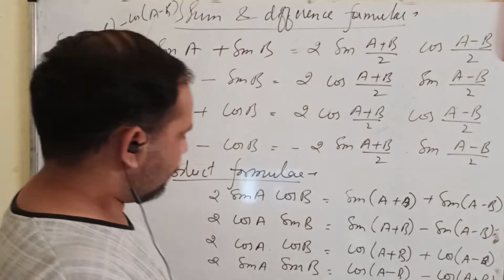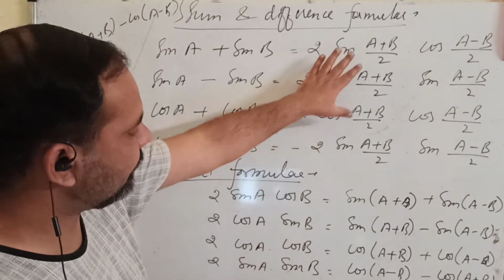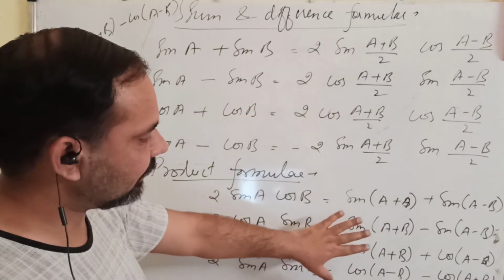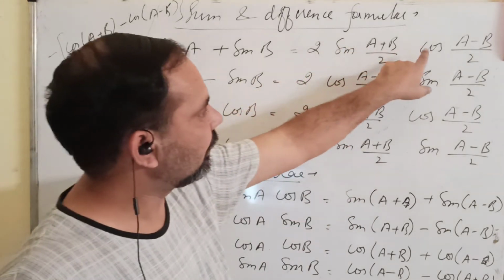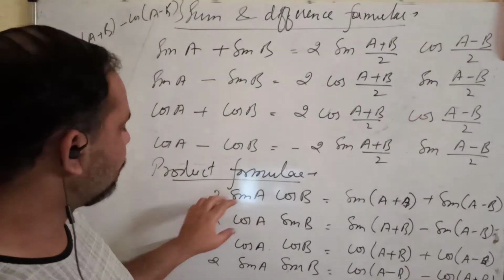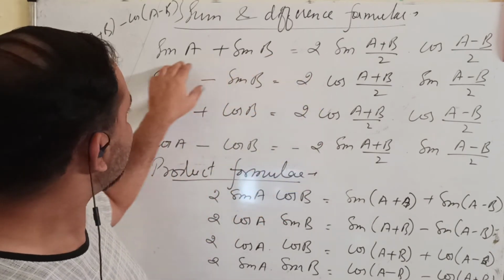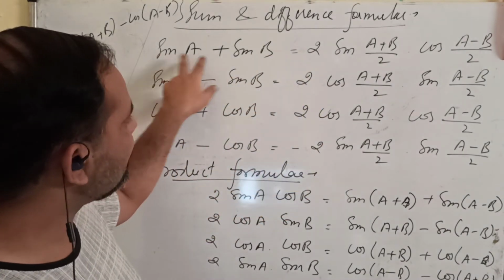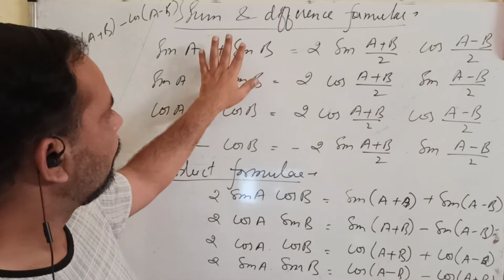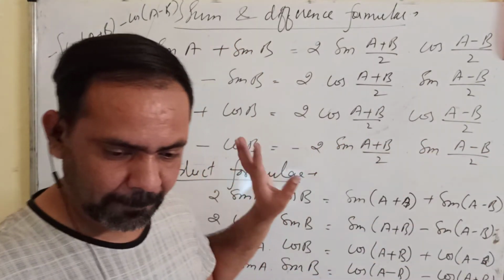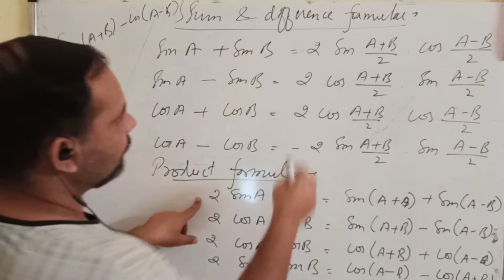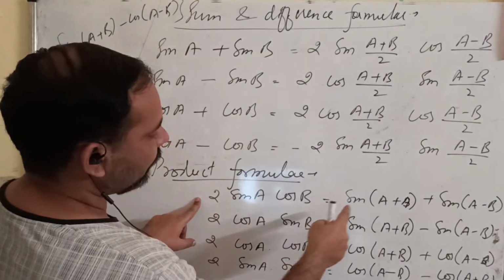Okay. So now from here itself I have written these formulas. 2 sin A cos B is equal to sin A plus B plus sin A minus B. First of all, you write all the angles A plus B and A minus B. Now if you have 2 sin cos, then you will write sin.